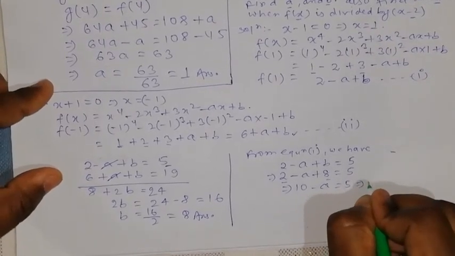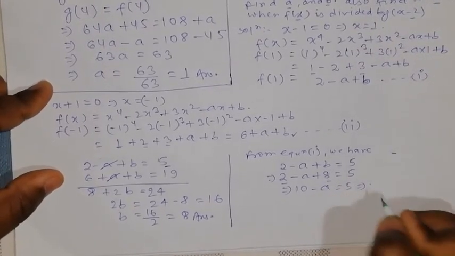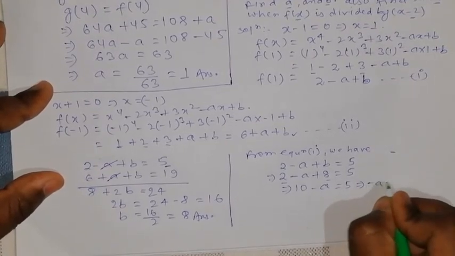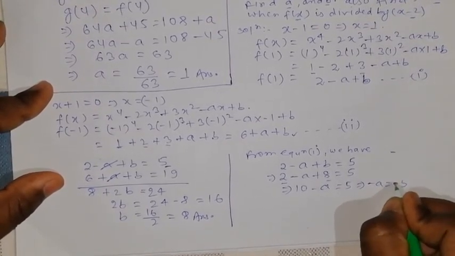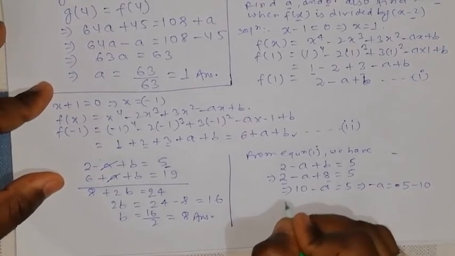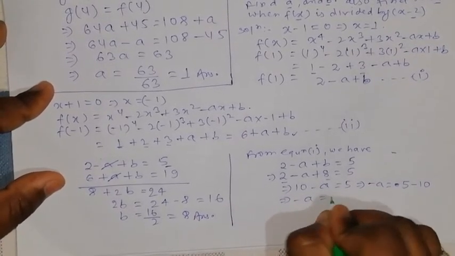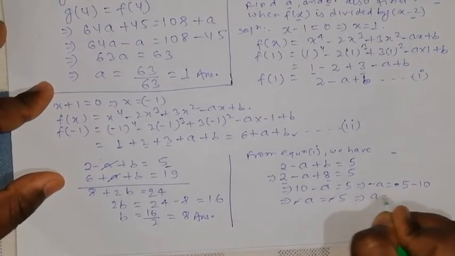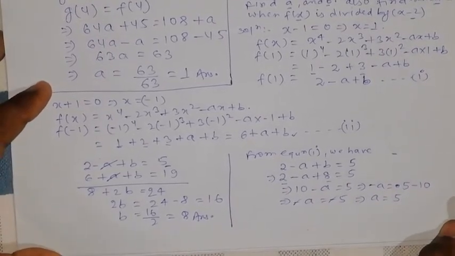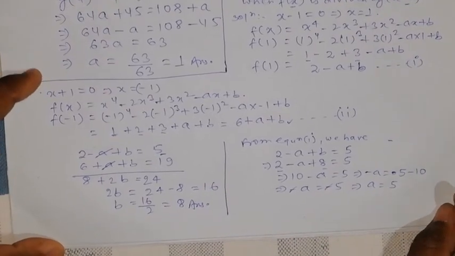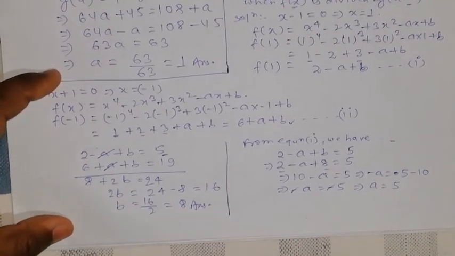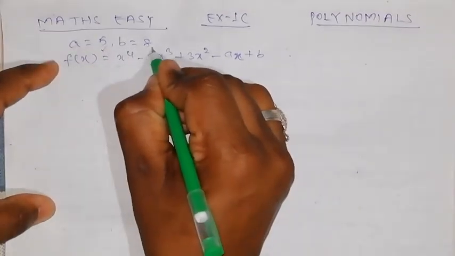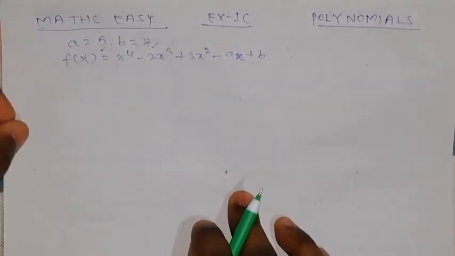Therefore -a = 5 - 10, that is -a = -5. Both minus signs will be cancelled out. Then a = 5. Now we have found the values a = 5 and b = 8.